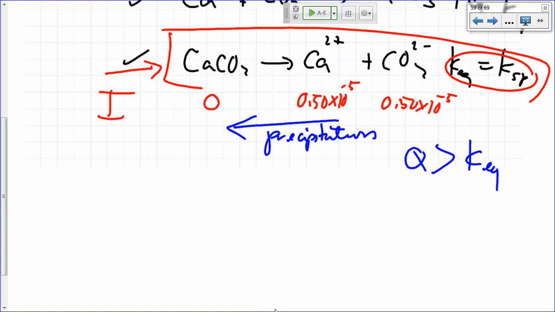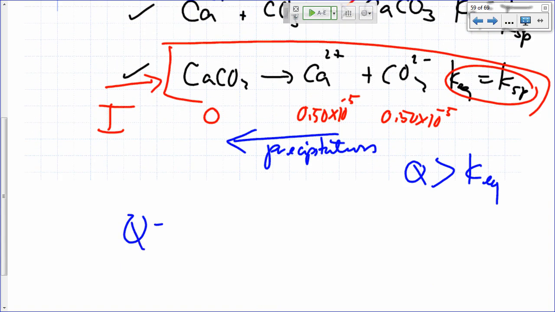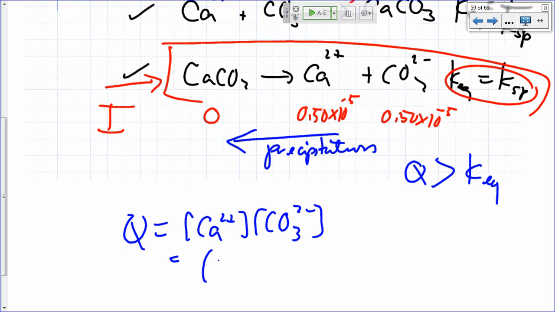What's our Q? Q is calcium ions times carbonate ions. What's our calcium ion concentration? 0.50 times 10 to the negative fifth. And your carbonate is 0.50 times 10 to the negative fifth.